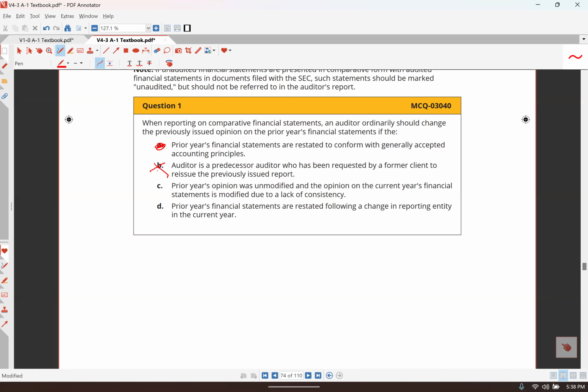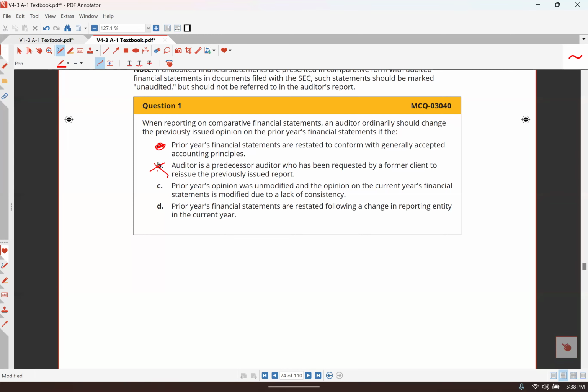Instead of the former client? The auditor is a predecessor auditor and has been requested by a former client. No, no. I could ask you to reissue the report and change the date on the report. Oh, okay.